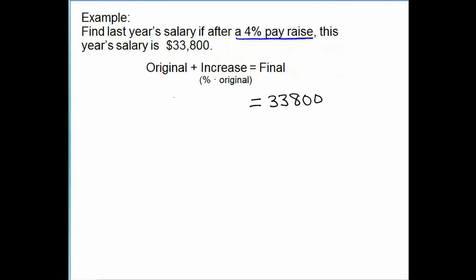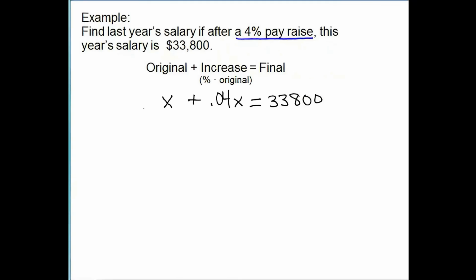So we're going to call our original x. We don't know this, and then we're going to add on our increase, which is 4% times x. So 4% will be 0.04 times x.